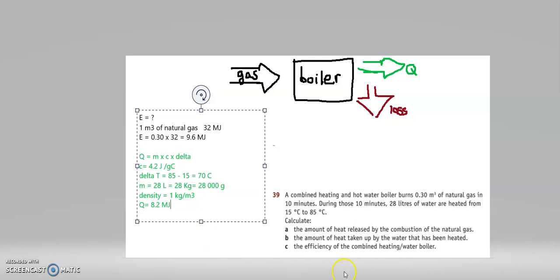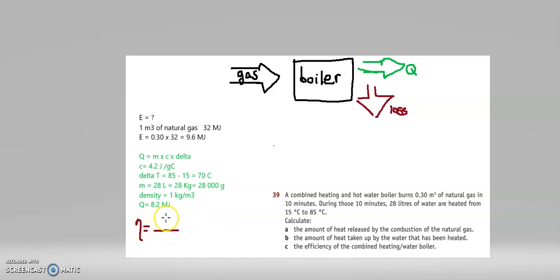I'm going to calculate the efficiency. Let me use a brush now. Efficiency is the useful energy divided by the total energy times 100.